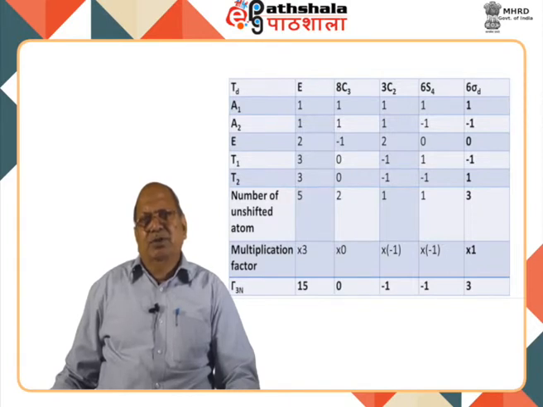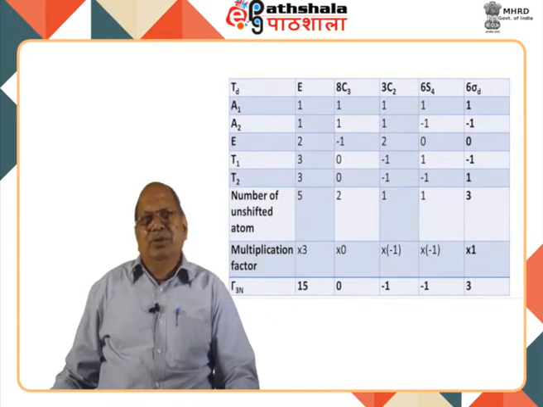When sigma v or sigma d is carried out, 1 atom is unshifted. Like this, we can carry it out. When sigma d is there, it contains 2 chlorine atoms and 1 carbon atom, so the unshifted atoms are 3. So we have the figures 5, 2, 1, 1 and 3.